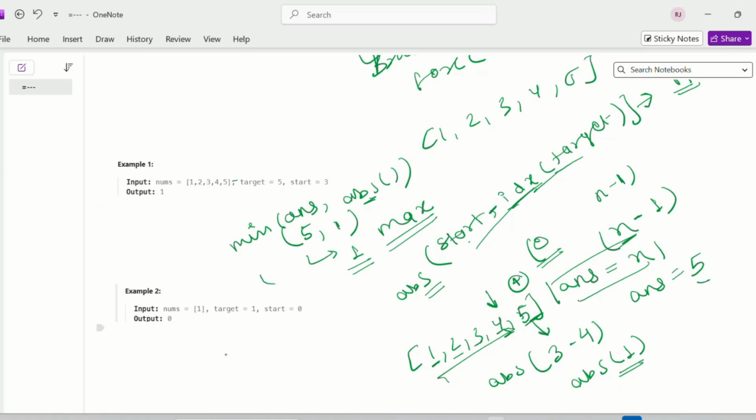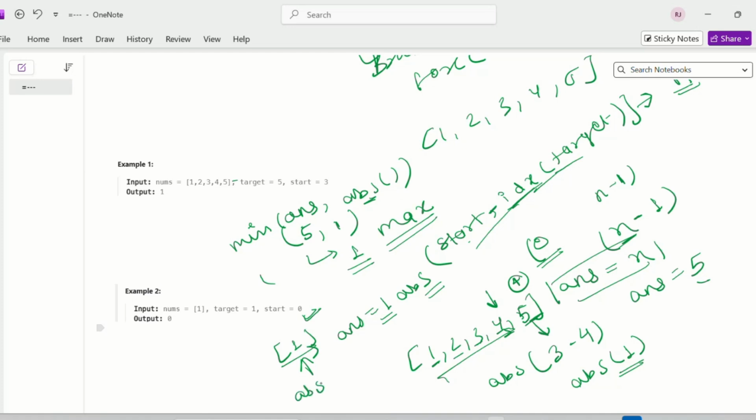We do the same for this nums array. The target is 1, which means we need to find 1, and start is from the 0th index. So we initialize the answer with 1 and traverse this array. 1 equals 1? Yes.